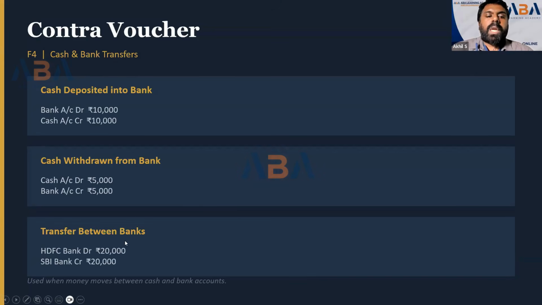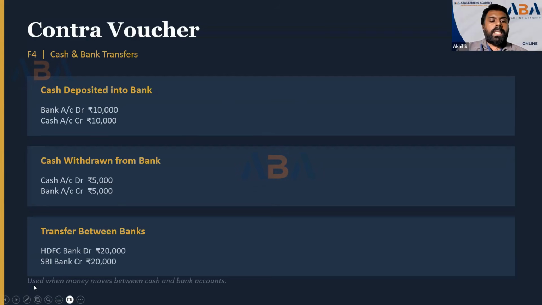And lastly, we have transfer between banks. I have multiple bank accounts, so I'm transferring some amount from my HDFC account or SBI account to any other bank account of ours. So this is the purpose of contra voucher. All the internal transfers dealing via cash or bank account, we must post using contra vouchers. Shortcut key is F4.